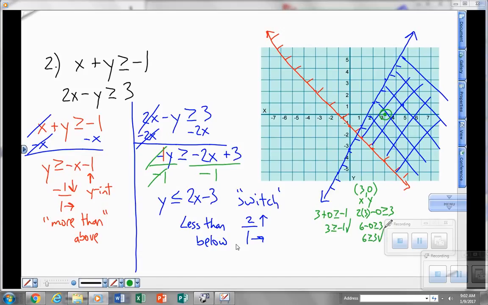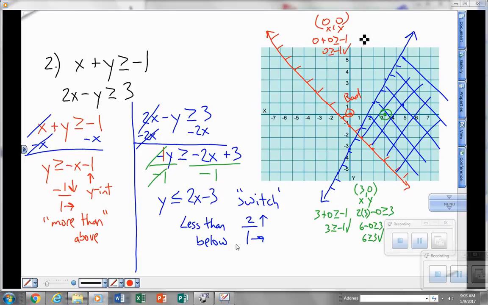I'm going to choose a point that is not in the shaded areas to show you what happens, because one of those checks might work in one inequality, but it might not work in the other. It has to work in both. So I'm going to plug in 0, 0, which looks like it should satisfy one inequality, but not the other. So 0 plus 0 gives me 0 greater than negative 1. That is true.